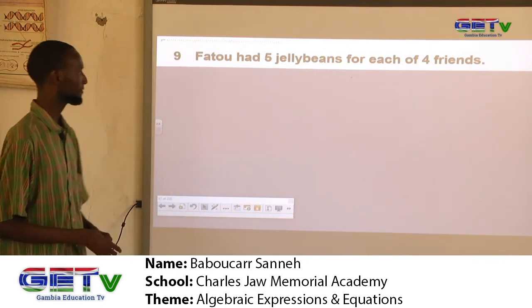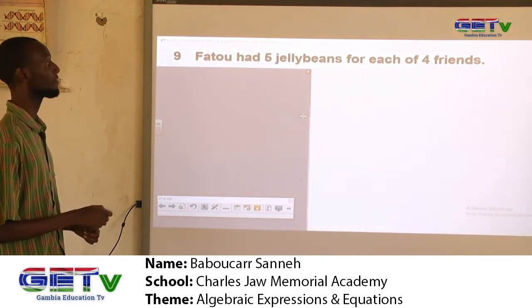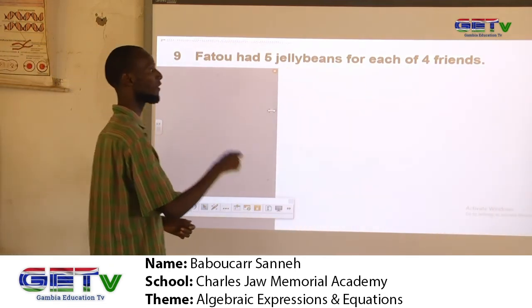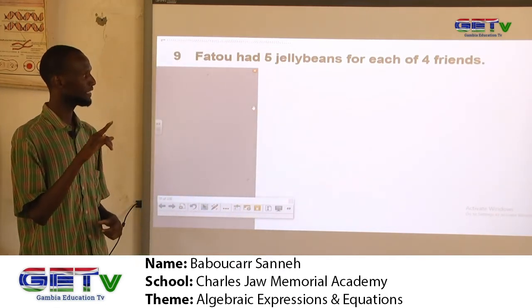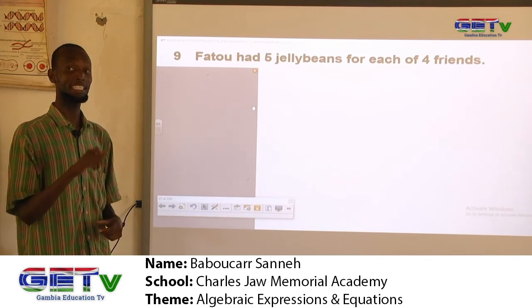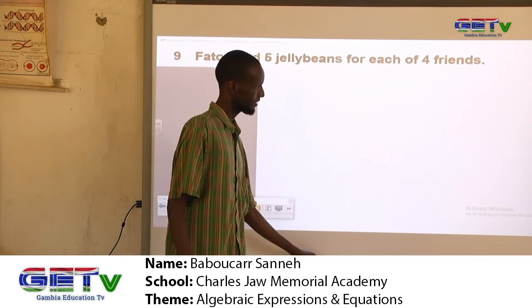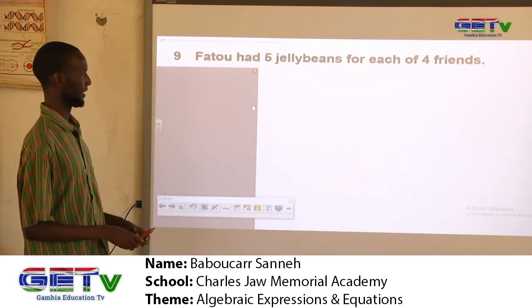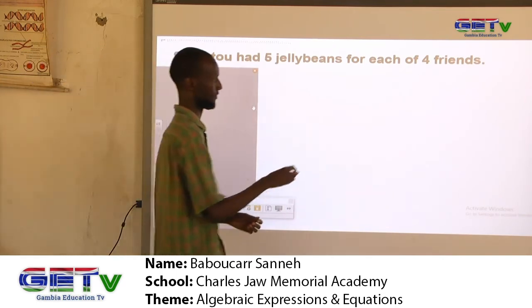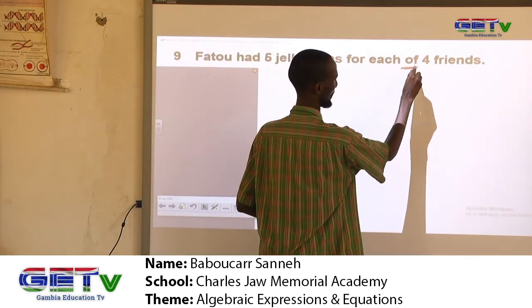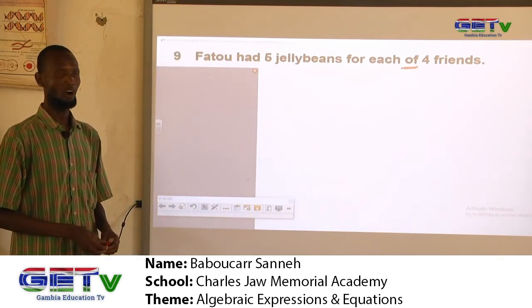Now, how about this? Fatu had 5 jelly beans for each of 4 friends. Now, what is the key term here? Of.